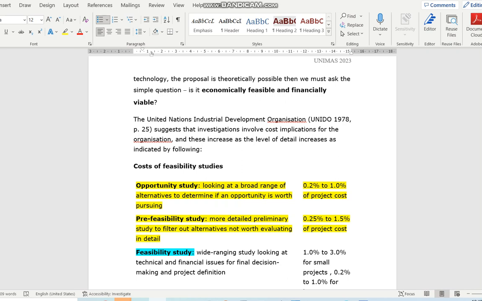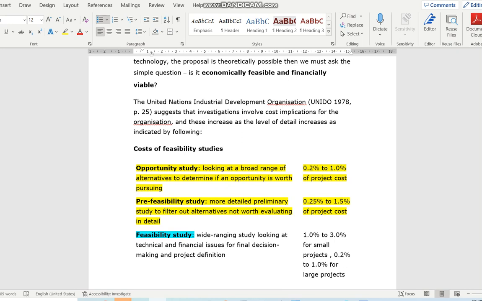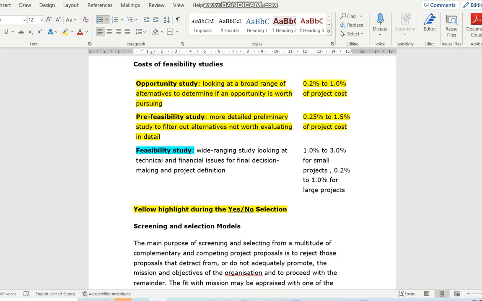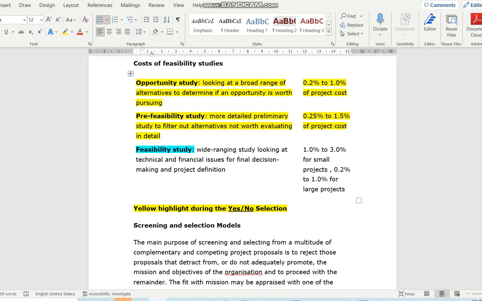So you do not want to really make it a big deal at this stage when it's just doing a screening. During this initial screening, a full blast feasibility study is not the stage. But if we're looking at maybe a pre-feasibility study, I would think it may be more likely to be the case at this point.